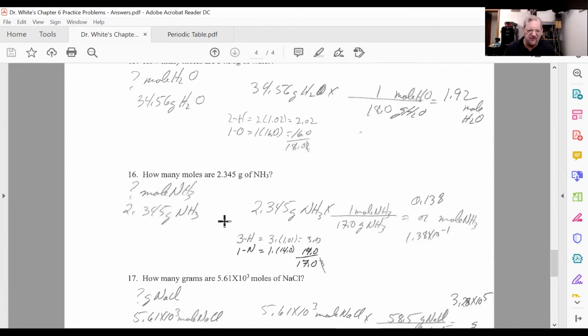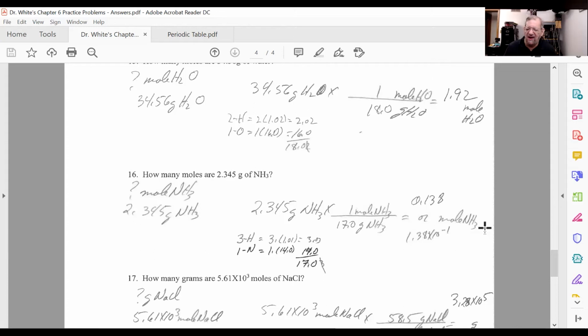All right, let's do one more and see if I got this right. And keep my fingers crossed. How many moles are 2.345 grams of ammonia, NH3? What are we being asked to find? Moles of ammonia. What are you given? The weight of ammonia, 2.345 grams. This is all we have to start with.